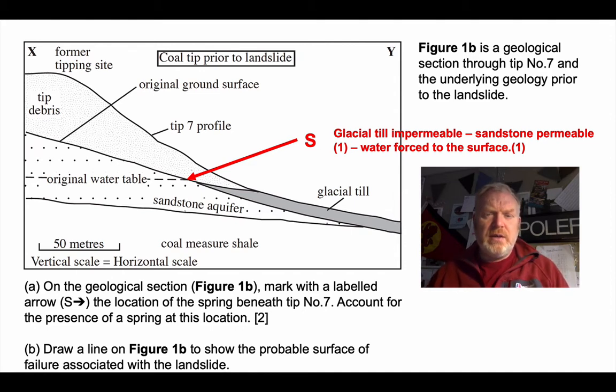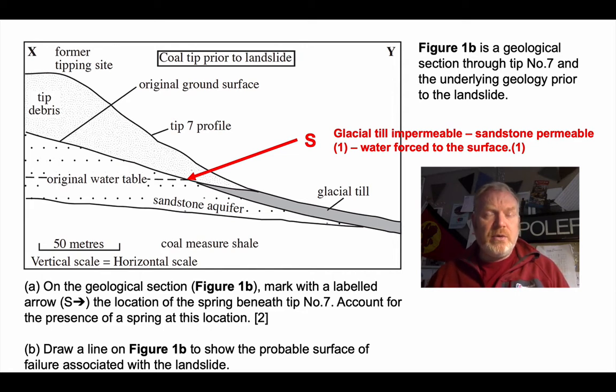Crucially here, the deposition of the glacial till forced that water to the surface. Glacial till is impermeable, acts as a cap on that aquifer, so the water table in that aquifer is going to rise until the point where it can come out of the rock.